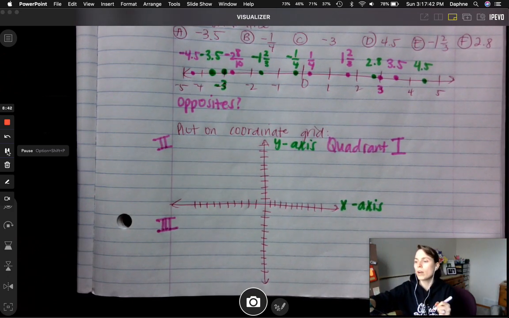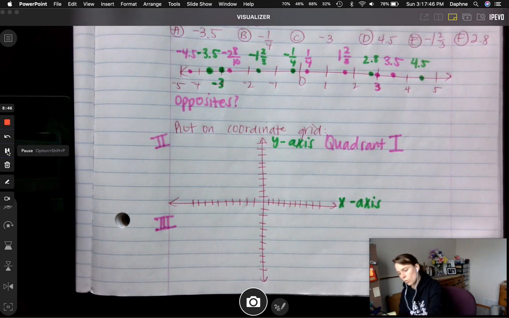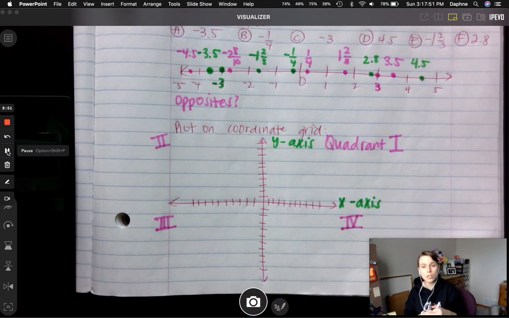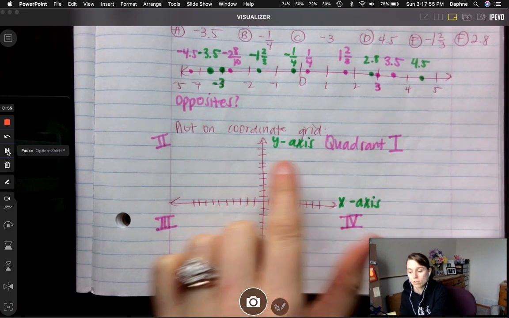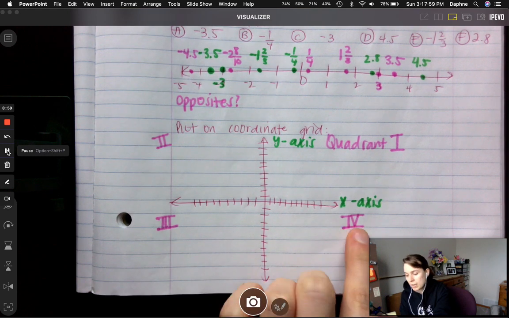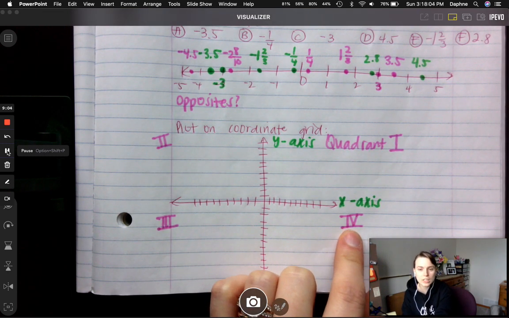I'm going to brighten this exposure. There we go. And quadrant 4. We use Roman numerals for our quadrants. Notice that this I is 1, 1 plus 1 is 2, 1 plus 1 plus 1 is 3. Now, because this order is funky, this is actually 5 minus 1, which gets us 4.